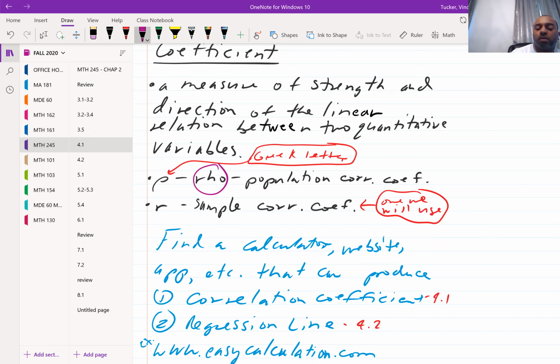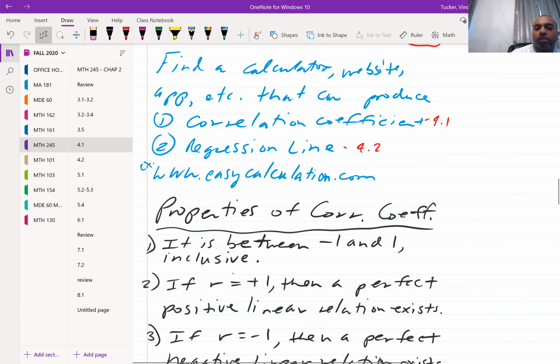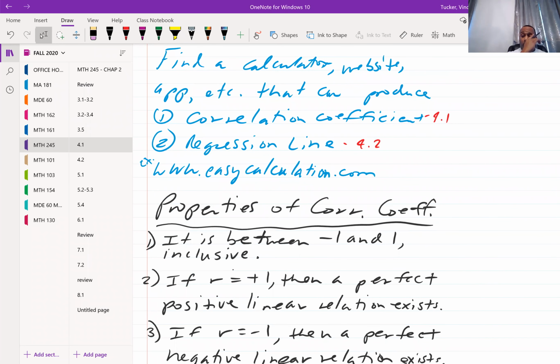All right, I'll scroll up. All right, so now we get into the properties of the correlation coefficient. It says it is between -1 and +1 inclusive.